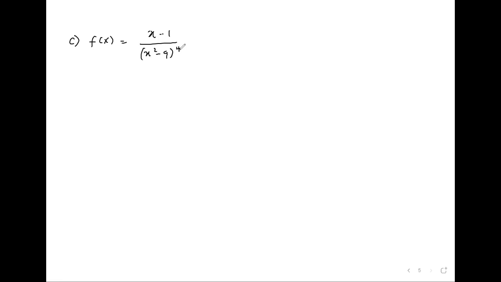So every time I have a fraction, I equate the denominator to 0. So this means x squared minus 9 is 0. So x is plus or minus 3. You only differentiate the numerator and the denominator if you get 0 over 0. But for the other one, you had 4 over 0. So it can't work.